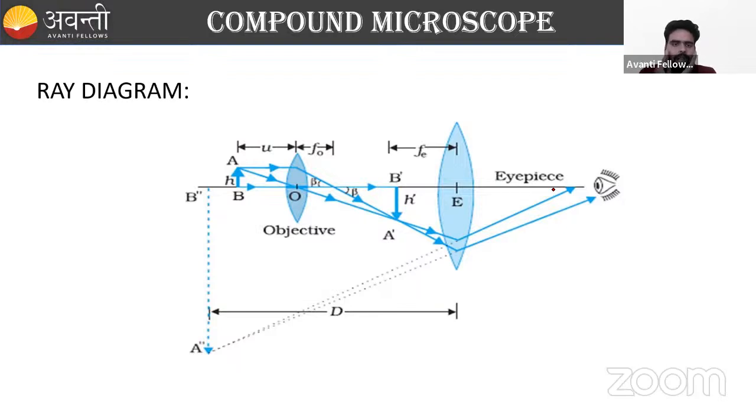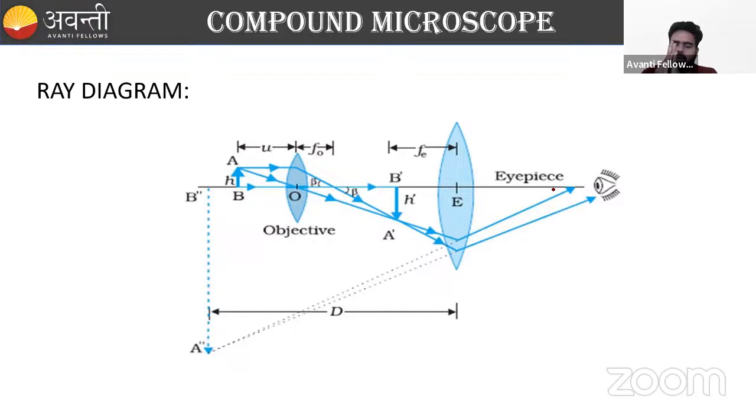Okay. Our intention and our goal is very clear. We want to see a magnified image. Finally, we want to see that enlarged image. And we also know the condition in the case of a convex lens under which we get a magnified image: whenever the object is placed between the first focus and the optical center.